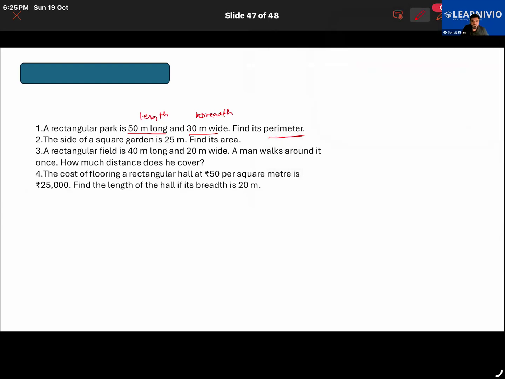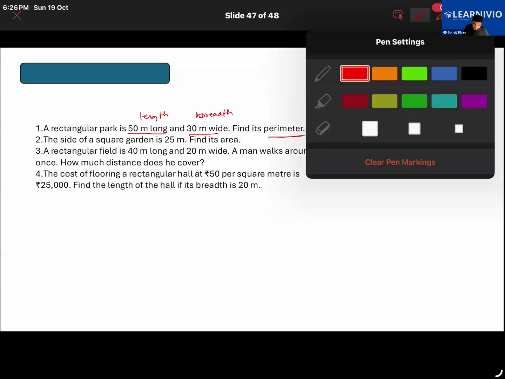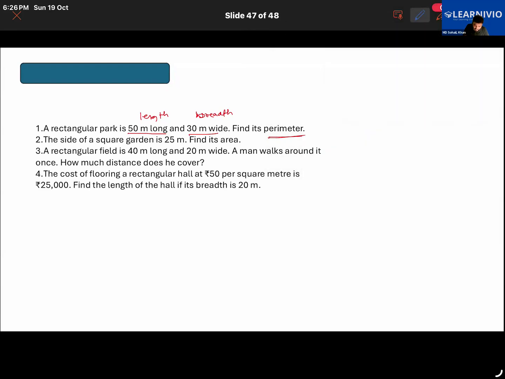1,500. No, no, 150. No, no. See, Sai, please read the question carefully and do not use the formula of area.